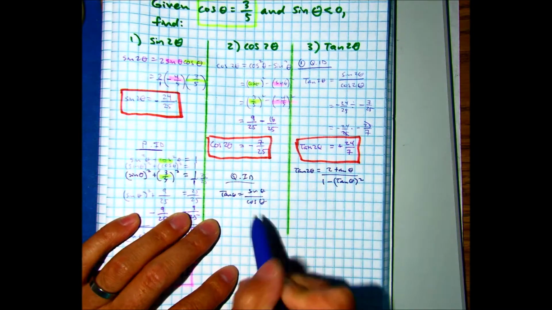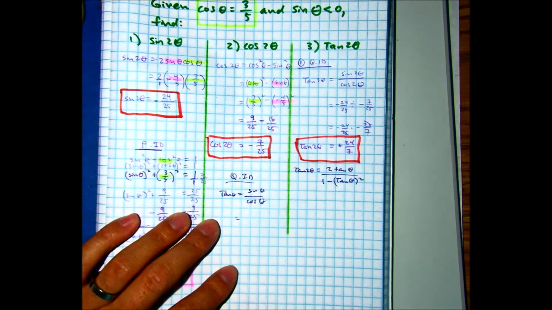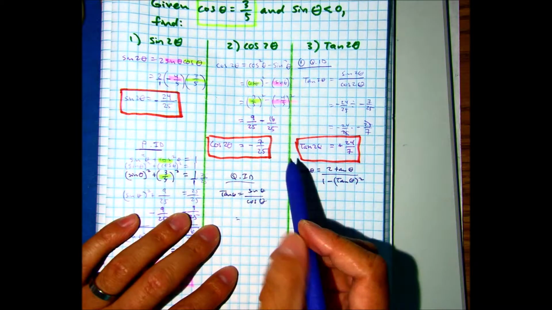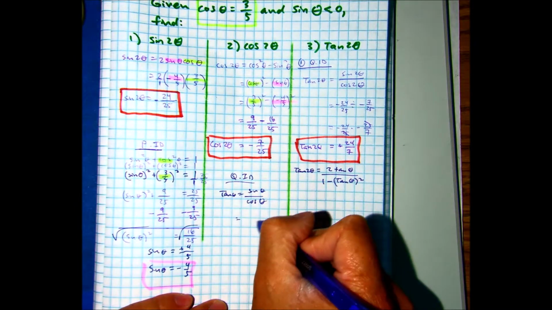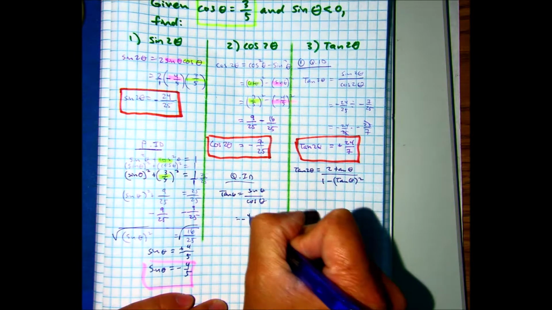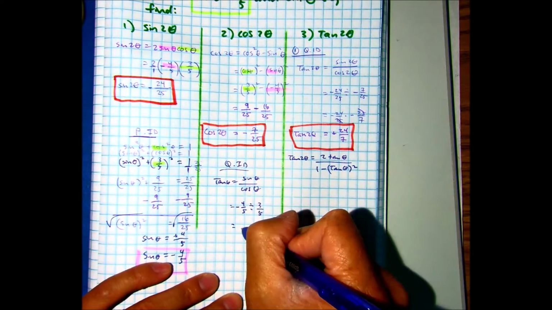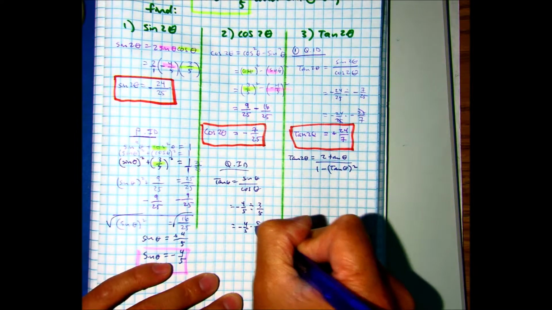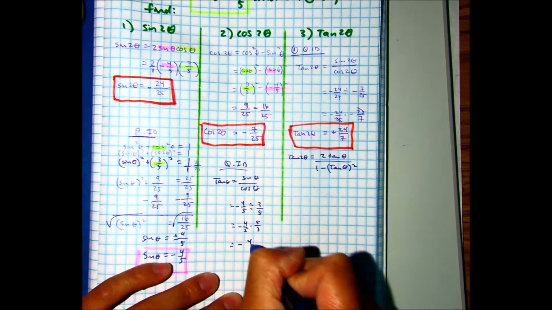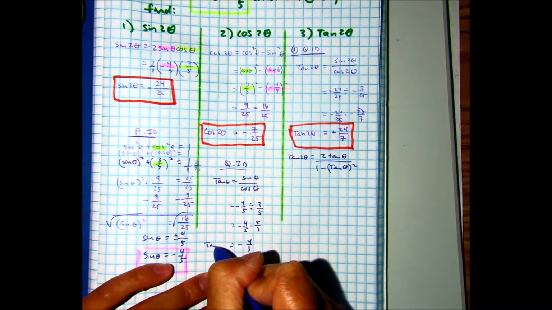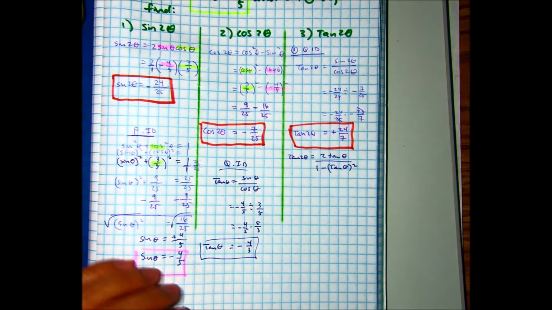So I would do the same thing. You would just use your 3/5 and negative 4/5, and that would give you negative 4 over 3. Raise your hand if you got tangent of theta is negative 4/3.